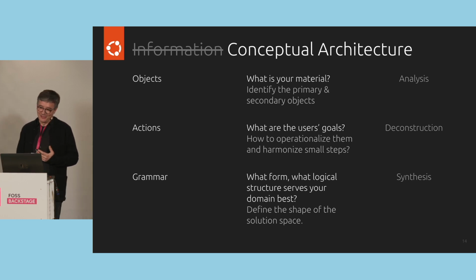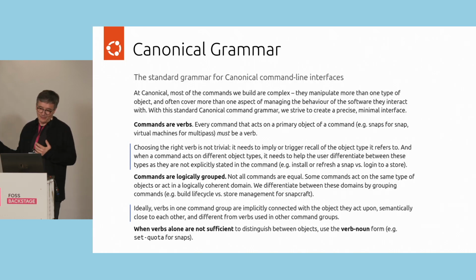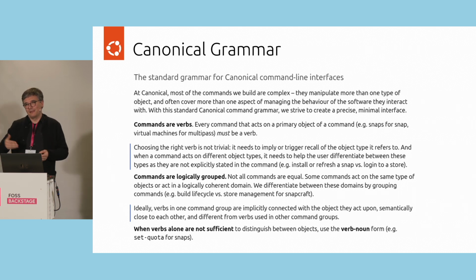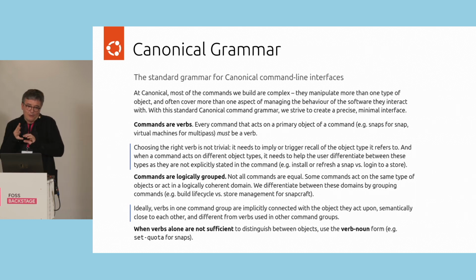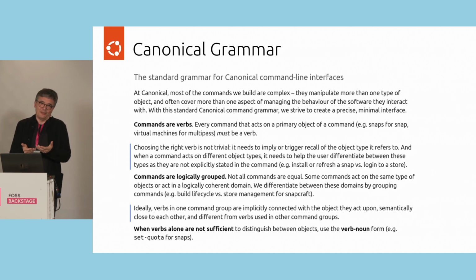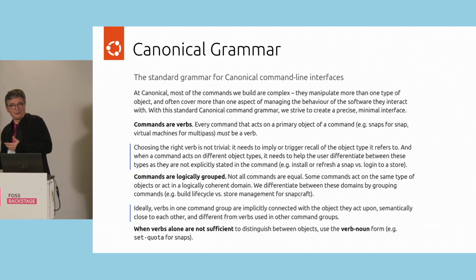So that is something that led us in Canonical to try and create a standard where we say there's different ways where you can put these things together. For Canonical, we decided it makes sense to concentrate on the verbs. So we want commands to be verbs. Every command should be a verb. And then the verbs should communicate what they refer to. So the object should be part of what the verb is saying, at least for the primary purpose of a command.